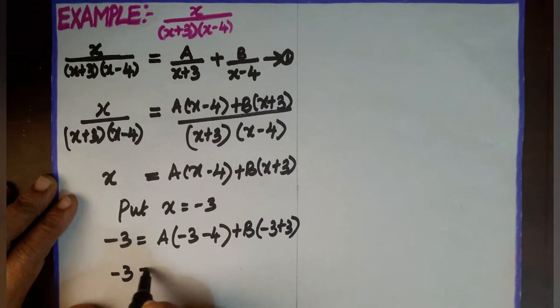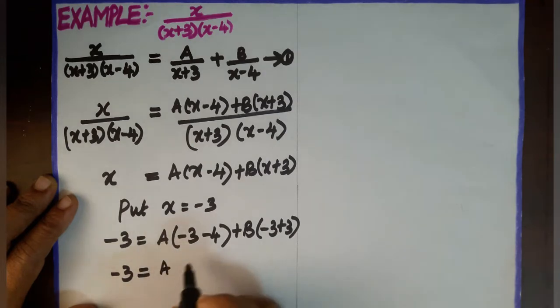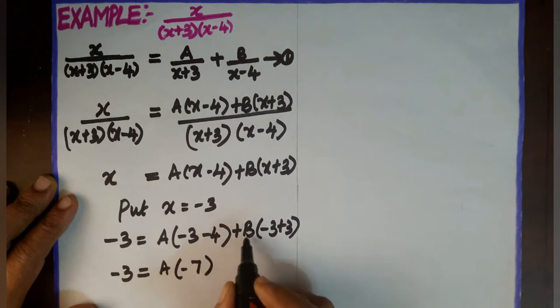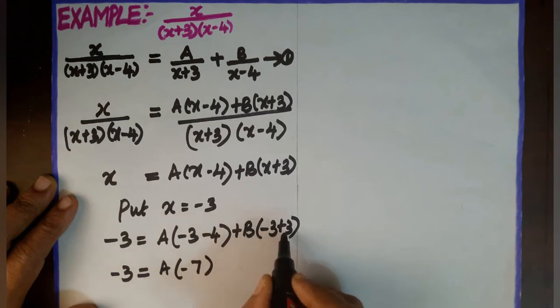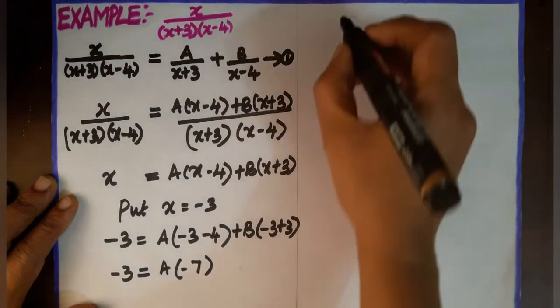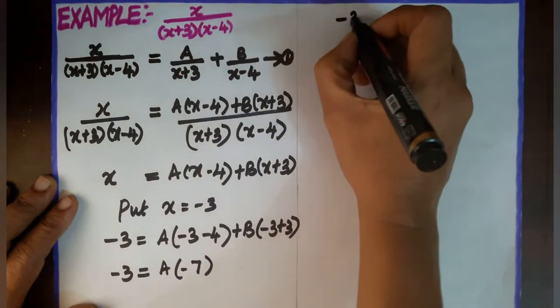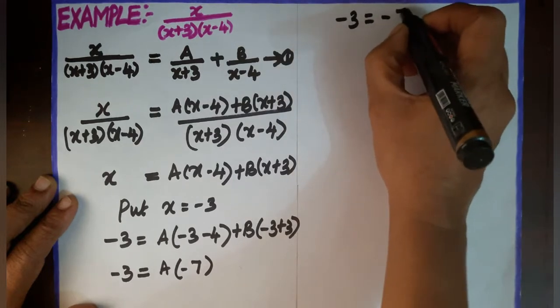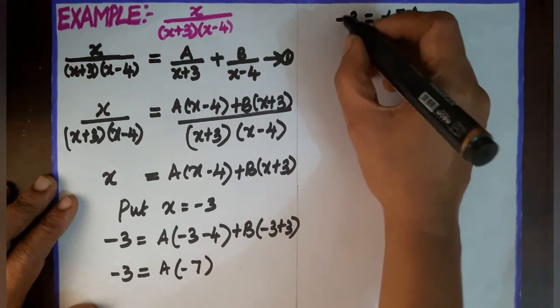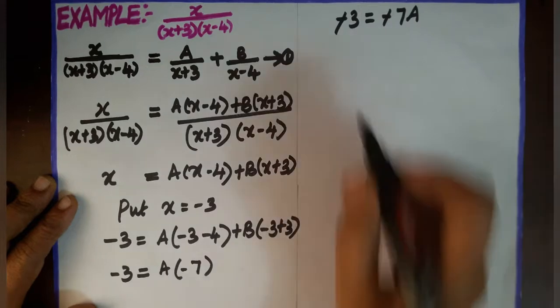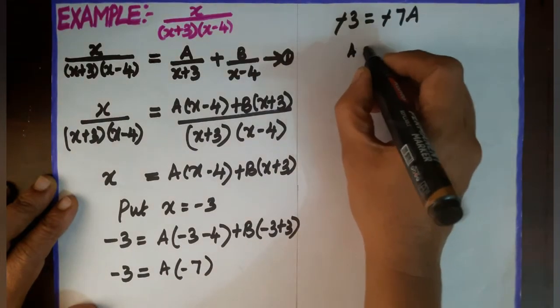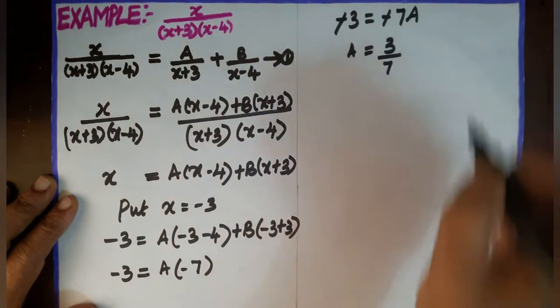Minus 3 equal to A into minus 3 minus 4 is minus 7, plus B. Minus 3 plus 3 will become 0, then the second term will become 0. Then minus 3 equal to minus 7A. Minus sign and minus sign will be cancelled. Then we get A value as 3 by 7.